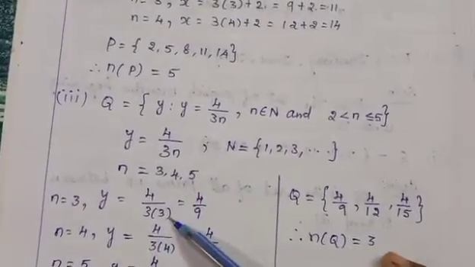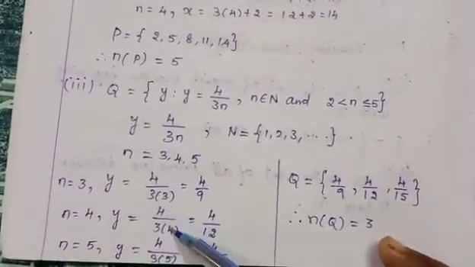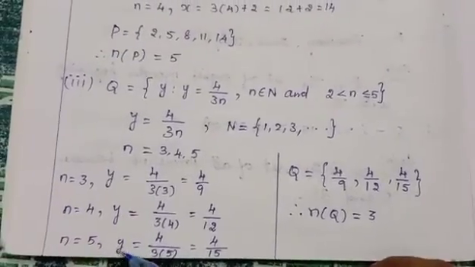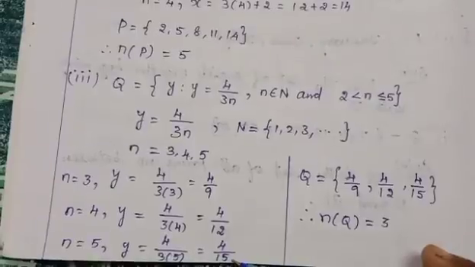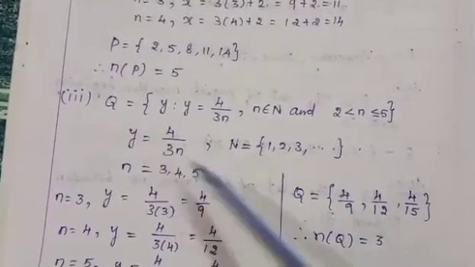Instead of n you substitute 3. 3 threes are 9. So 4 by 9. Next 4: 4 by 3 into 4, 12. Next you substitute 5. y equal to 4 by 3 into 5, so 4 by 15. So you write this in roster form. Q is equal to the values taken, written one by one: 4 by 9, 4 by 12, 4 by 15. So n of Q is equal to 3.